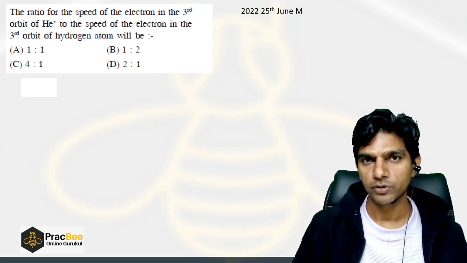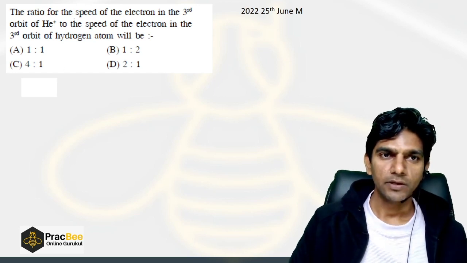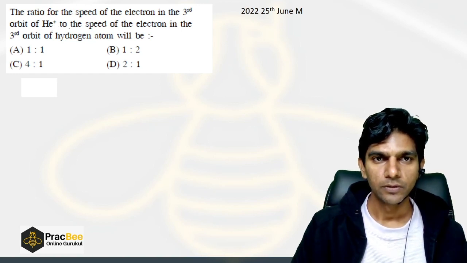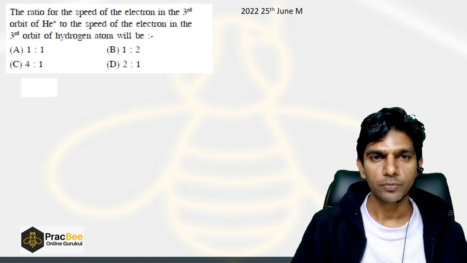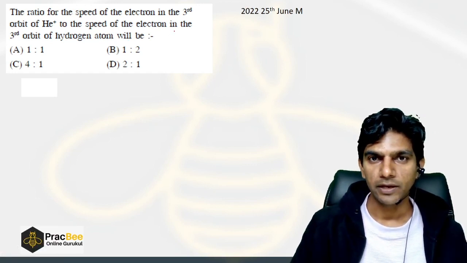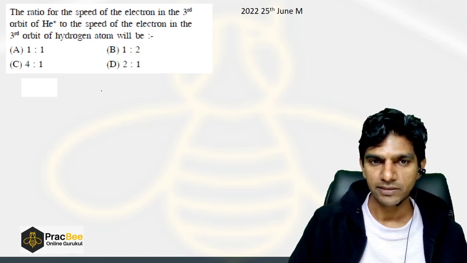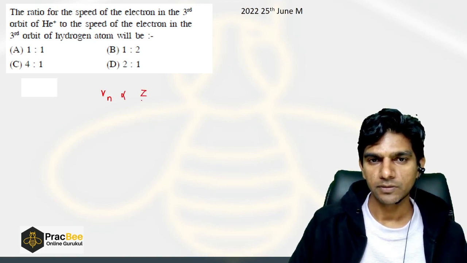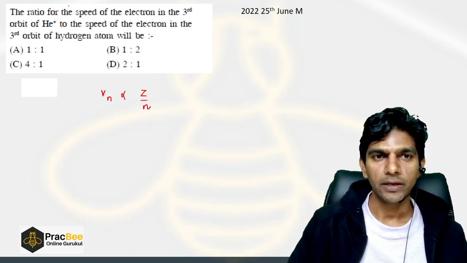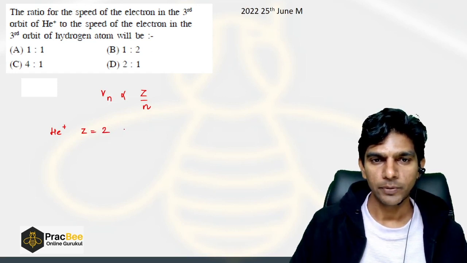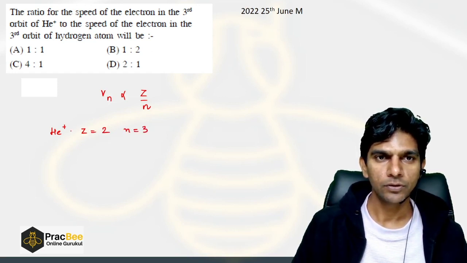The ratio of the speed of the electron in the third orbit of helium positive to the speed of the electron in the third orbit of hydrogen atom will be? First of all, let us see the proportionality. Vn is directly proportional to Z by n. For helium positive, Z equals 2 and n equals 3.